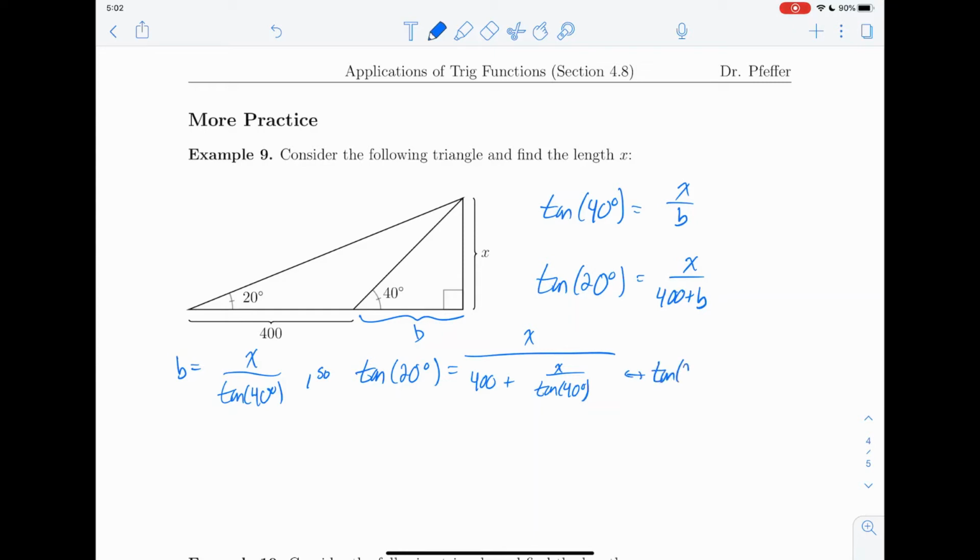Probably you'll get tangent of 20 degrees is equal to x over, you should get 400 times tangent of 40 degrees plus x, all over tangent of 40 degrees.